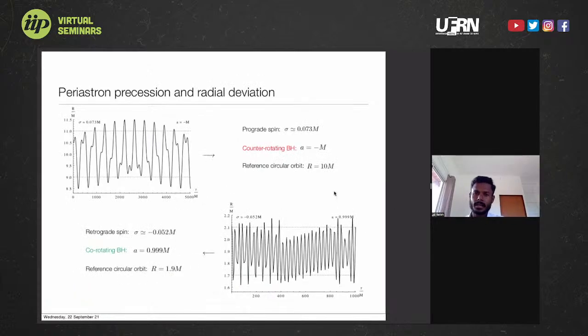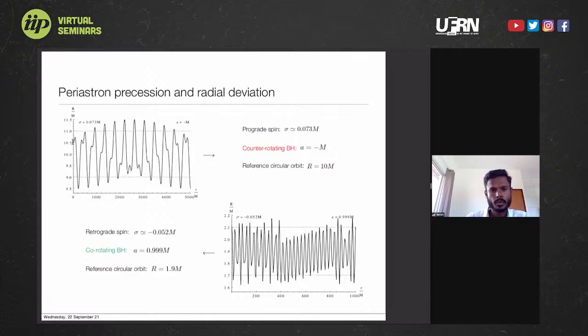Let us consider a spinning particle with aligned, parallel or prograde spin, orbiting in the counter-rotating orbit of the Kerr black hole, which has rotation a equal to minus m. And I choose the reference circular orbit r equal to 10m.